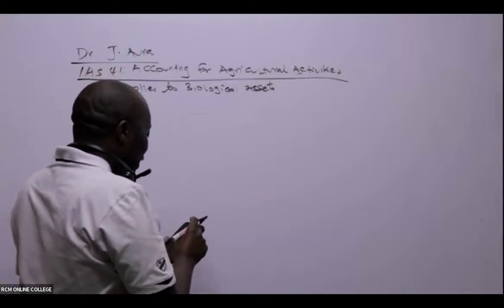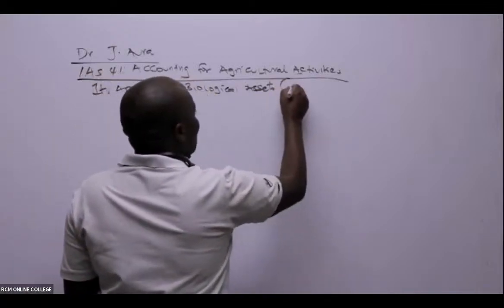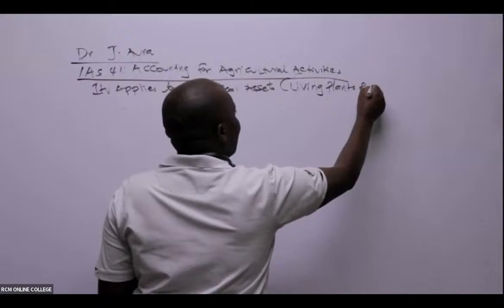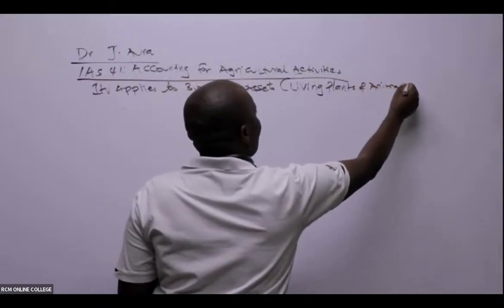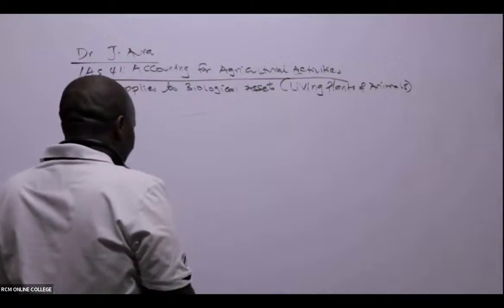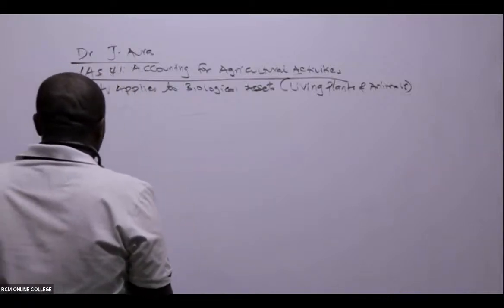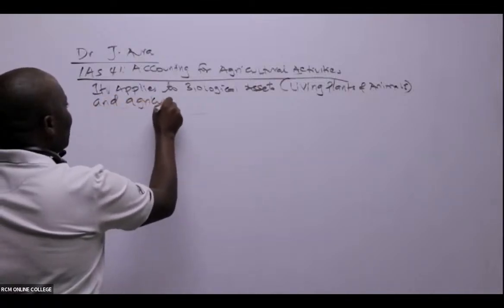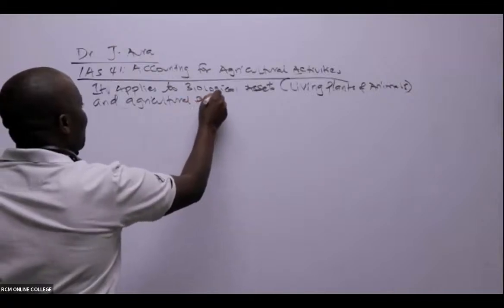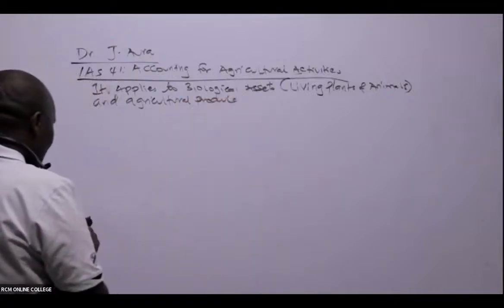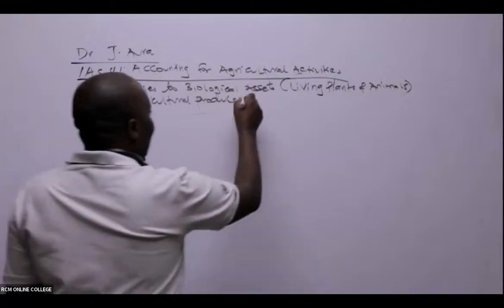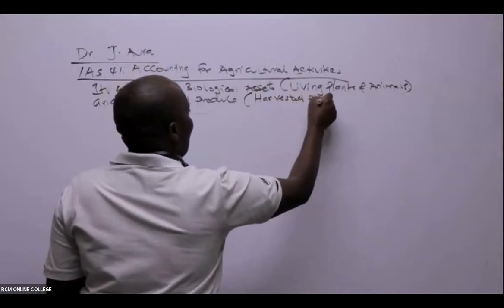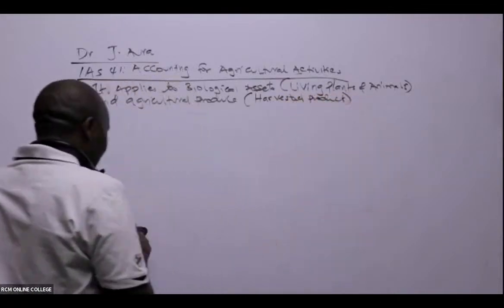Basically, we're looking at living plants and animals, and agricultural produce. That is the harvested product.